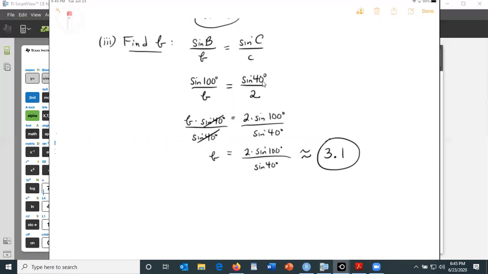Same thing up here, you can't divide these numbers. This 40 is not by itself. 40 is actually inside the function sine. So in a sense, this number is kind of trapped here, and you can't divide it by 2. So just remember that outside numbers can't go into the trig values.